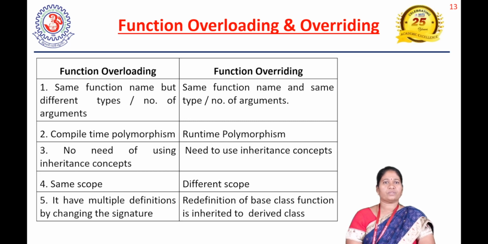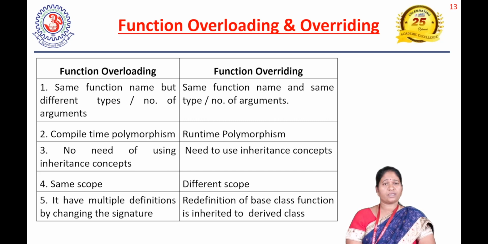Here, function overriding definitely uses the inheritance concept, but there is no need for inheritance in function overloading. After that, overloading has multiple definitions by changing the signature. Yes, of course, it is differentiated based on the types of arguments and the number of arguments.